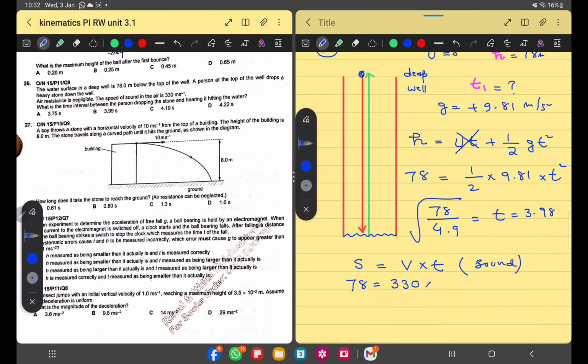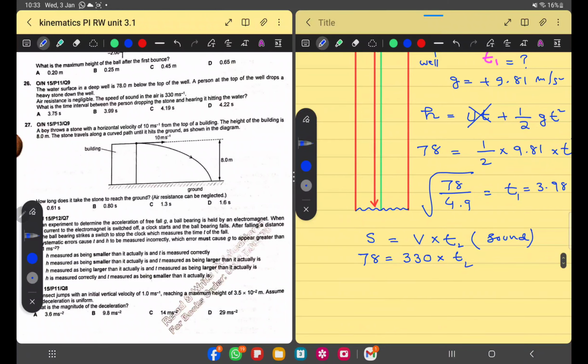Speed is 330 and time we have to calculate, and I am calling this time t2. If I divide 78 by 330, it is the time of sound. Sound takes 0.23 seconds to travel.